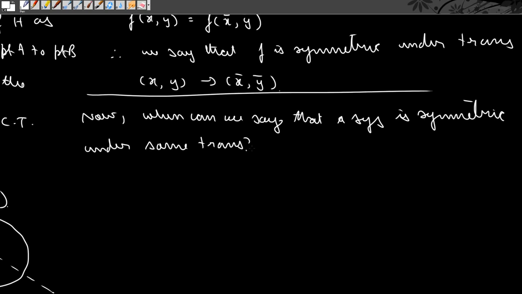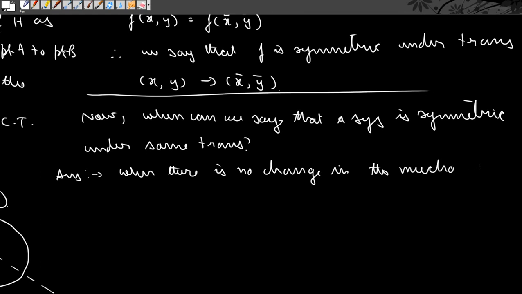Okay, this is the question we are trying to answer. So the answer for this is that this is true when there is no change in the mechanical behavior of the system under this transformation.